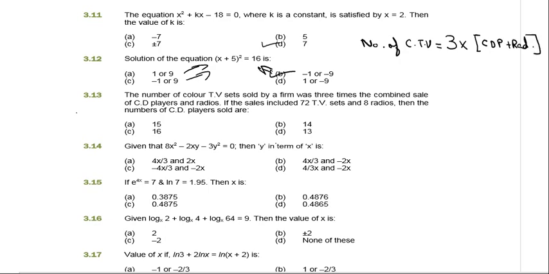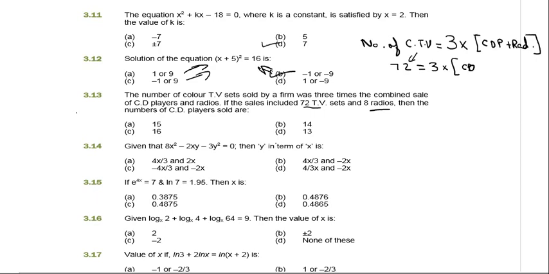Number of TV sold is 3 times the sales of CD players and radios. Number of color TV sold is 72, which is given, and it is 3 times the combined sale of CD players plus radios, and we have sold 8 radios. It is also mentioned. So 72 TVs and 8 radios.